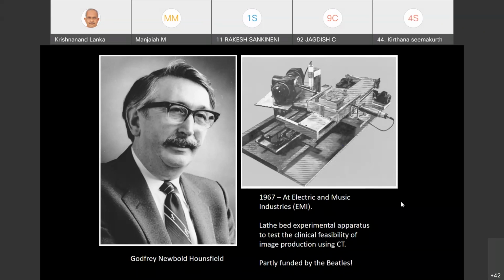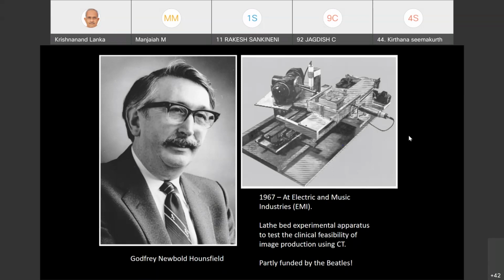Actually, he used a conventional lathe and converted it into a CT scanner. To test his idea, he took an object and took around 28,800 projections around it.